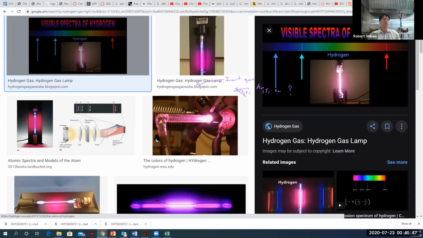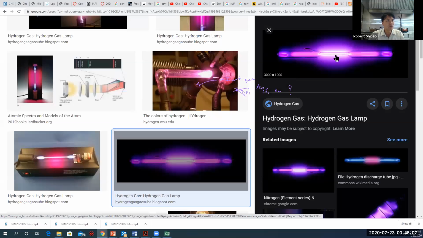What you're doing is taking a tube of hydrogen gas, but you don't have it too concentrated. If you have too much gas in there, you're going to get jagged, lightning-like light. But if you have low pressure hydrogen gas, this is the light bulb that you get.